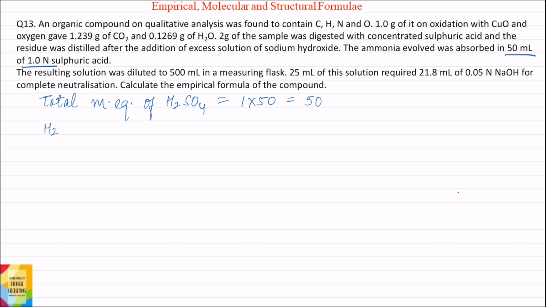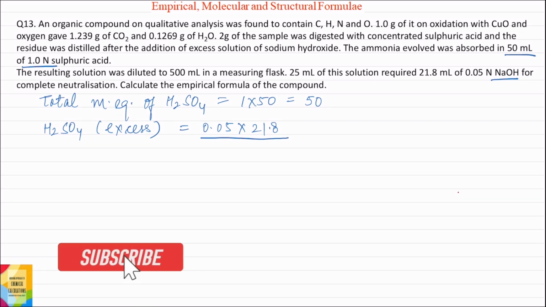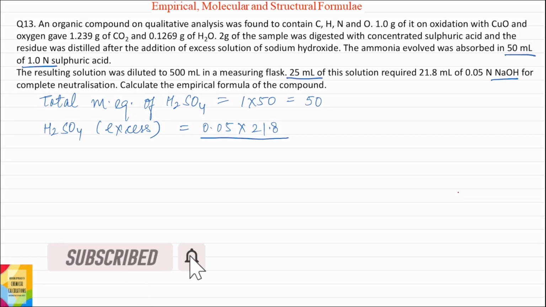Now H2SO4 in excess, or H2SO4 left after the reaction, will be equal to milliequivalents of NaOH, and this is equal to 0.05 into 21.8 milliequivalents. Now these many milliequivalents of H2SO4 are present in 25 milliliter of the solution.